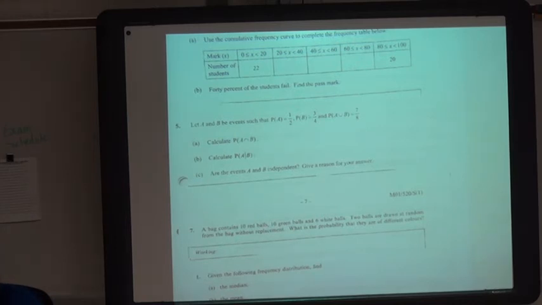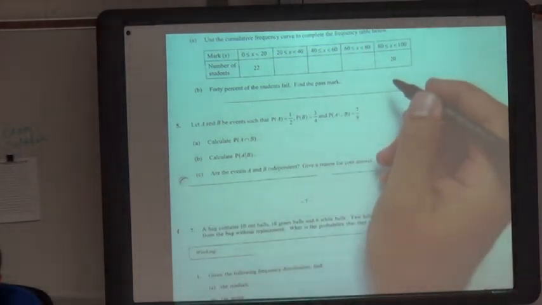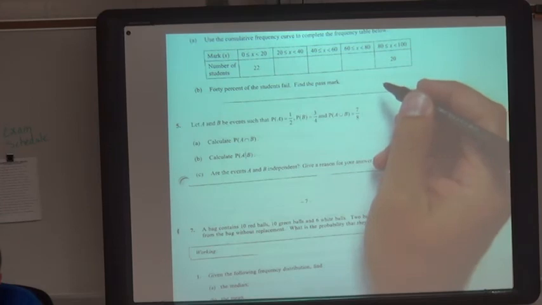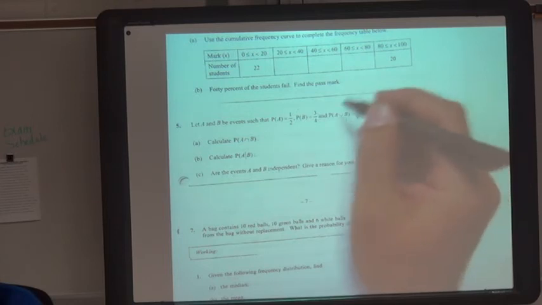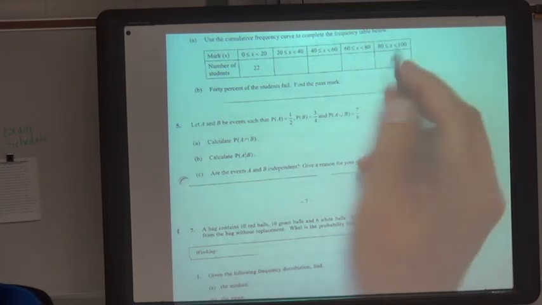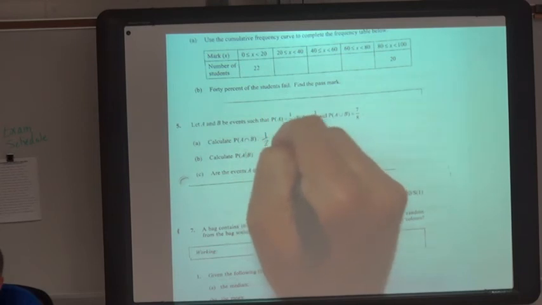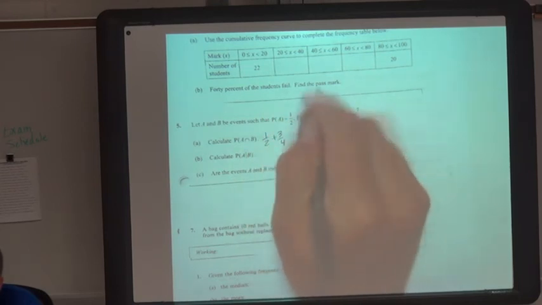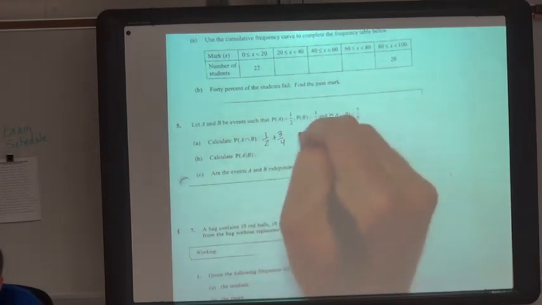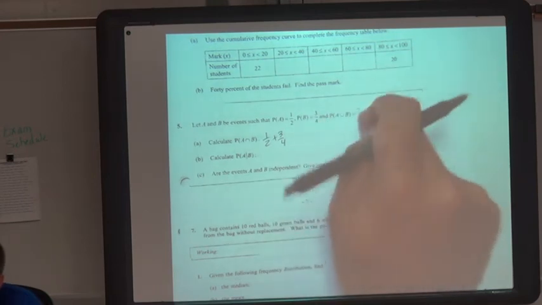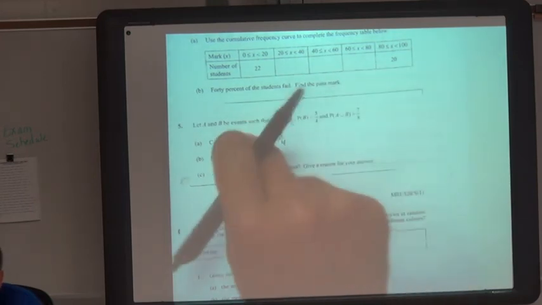You add A and B, and you subtract A union B. Yeah, add the first two and then subtract that last one, 7/8. The formula says this number is equal to these two minus that, right?